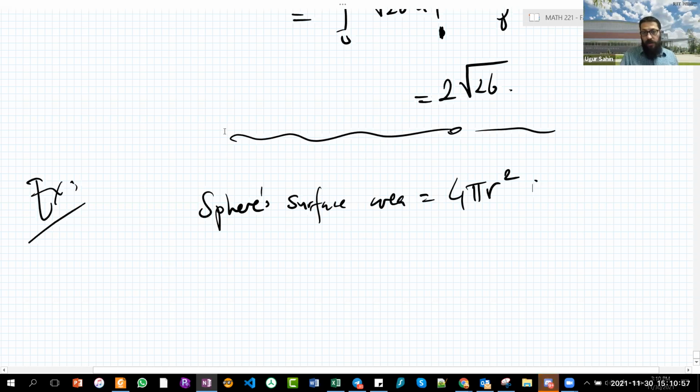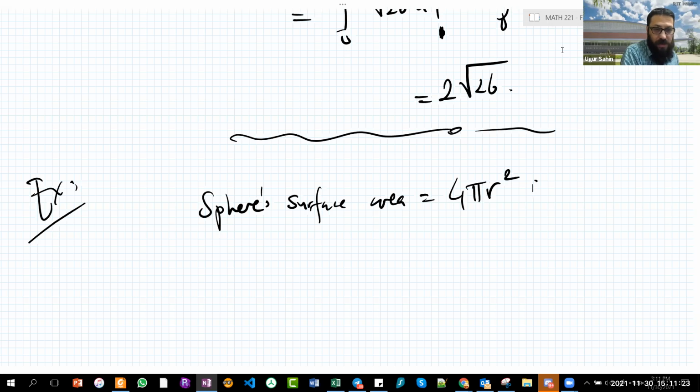I know you have seen this formula in many places when you studied geometry at high school or some other places, in memory cards. But now it is time to prove it. Why is it equal to 4 pi r squared?